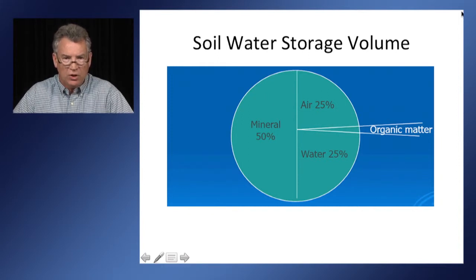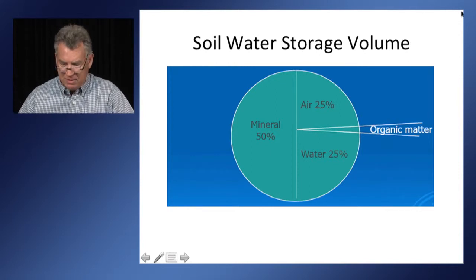Basically, if we look at the soil volume, approximately half of that volume is pore space and half is mineral material. If you imagine a flood event, flooding the soil would raise the water content to approximately 50% of the soil volume.